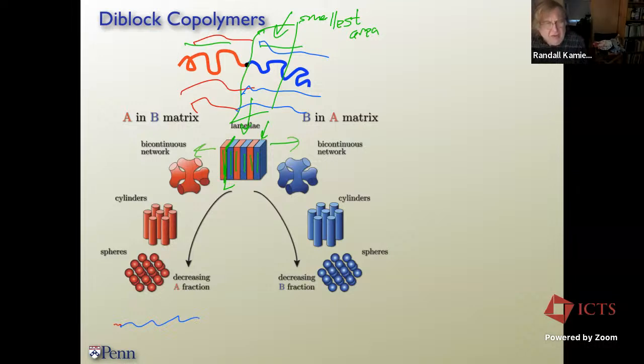And so if everything were great, the blue chains would just ignore the red chains altogether and they would just fill space with blue, right? You would just have a sea of blue. But what happens is because there are red chains in there and the red chains really dislike the blue chains, they find other red chains and they make little droplets of red inside, right?